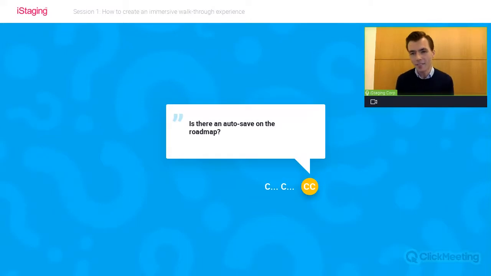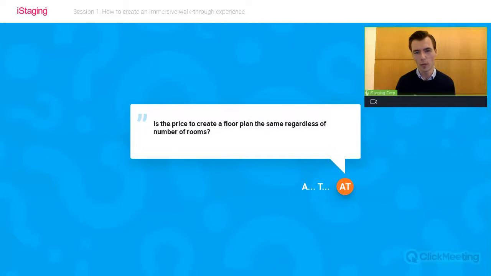Right now, not yet. So when you're creating your virtual experience, make sure that you click save. It only takes about 1 to 2 seconds to actually click save, and you get into the habit of doing it once you start creating a couple of experiences. But great tip, and we'll let the team know.